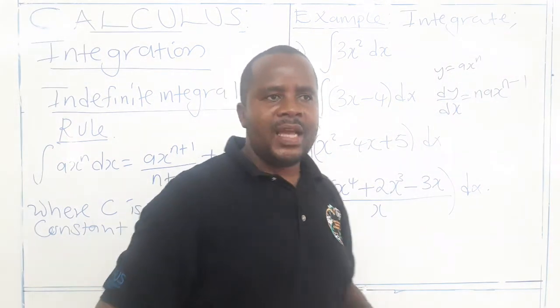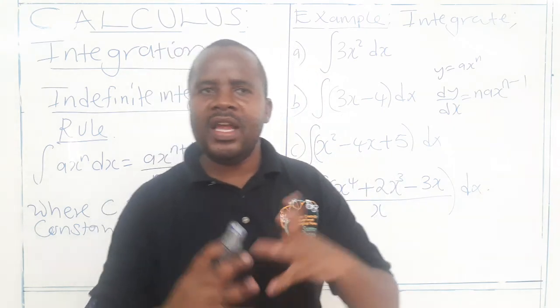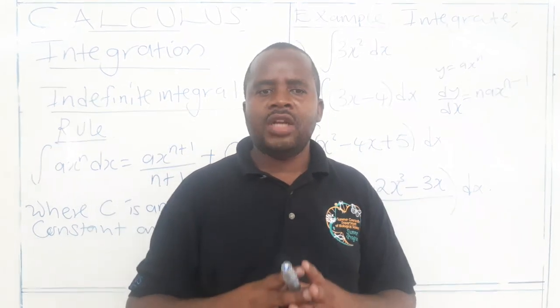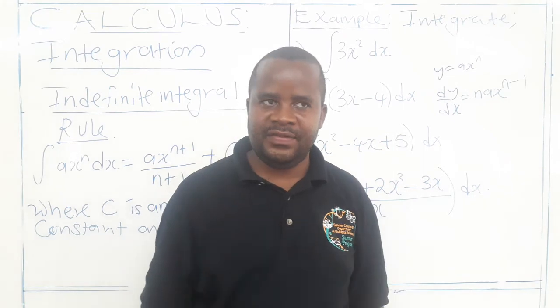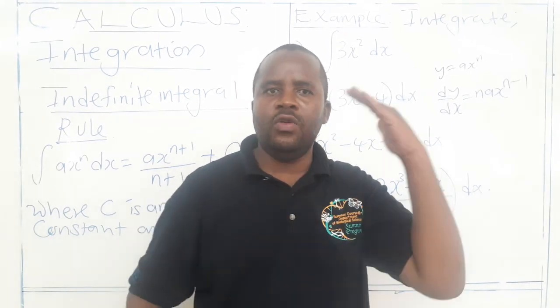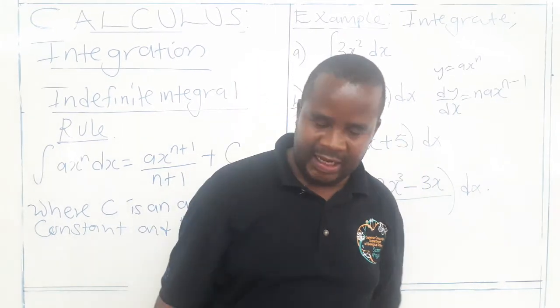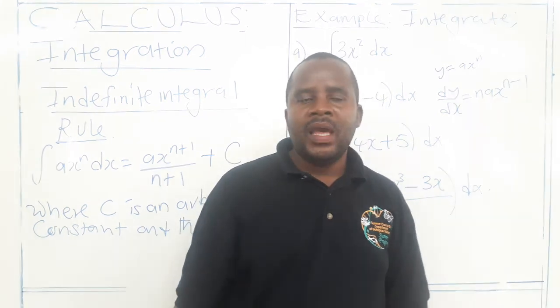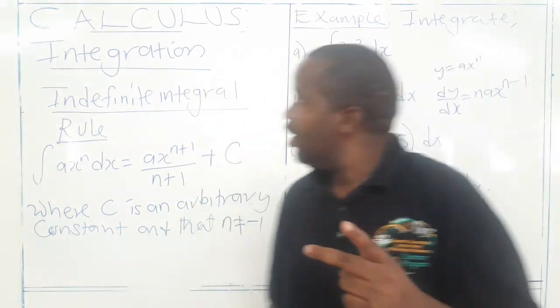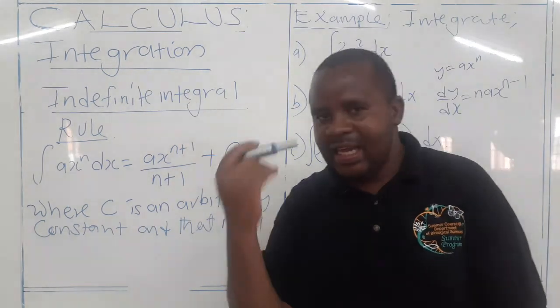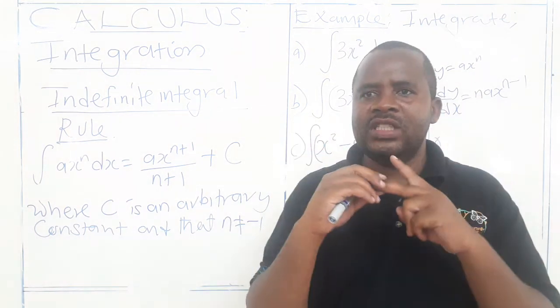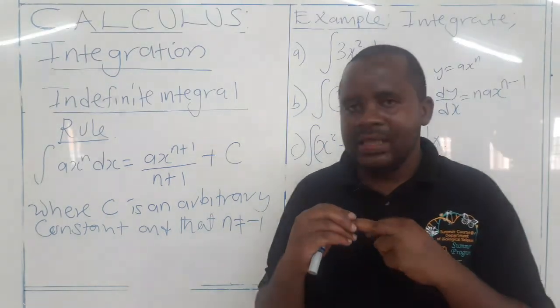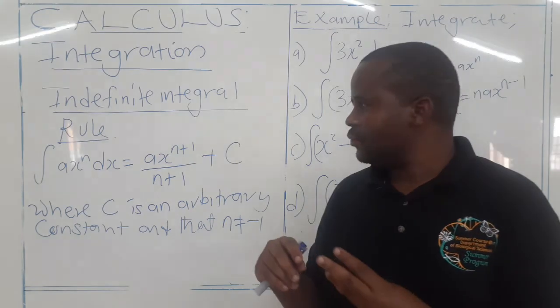So we are saying by integration, we are talking about the area under the graph, or we are trying to get the antiderivative, the reverse process of differentiation. Now, I must be quick to mention that when we are dealing with integration again, there are two things that we deal with. Or maybe three.